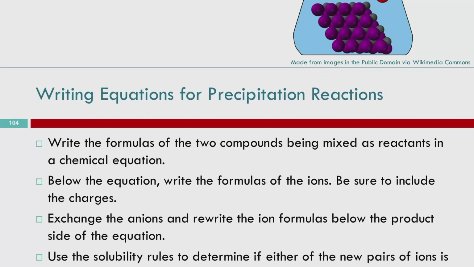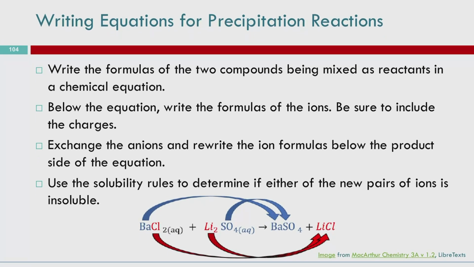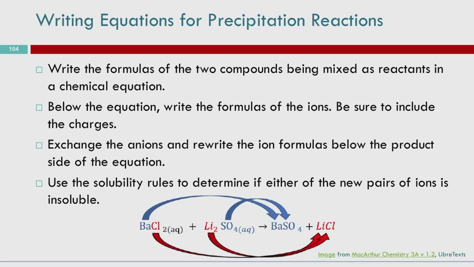It's there. So if we want to write equations for precipitation reactions, they generally are double displacement reactions. We've looked at those before. We've seen them before. So we want to write the formulas of the 2 compounds being mixed as reactants.